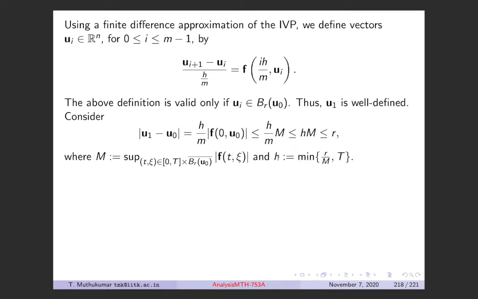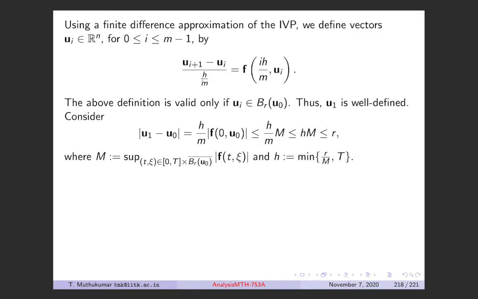So we are choosing h such that this u1 actually sits in this ball. So u1 is in this ball of radius r centered at u0, which means u1 belongs to the domain of f, which means u2 is well defined.